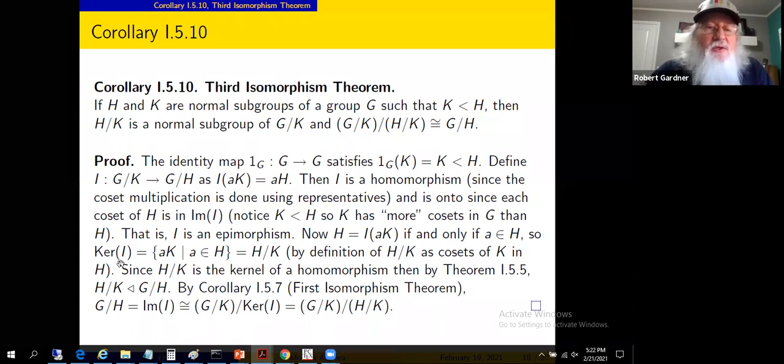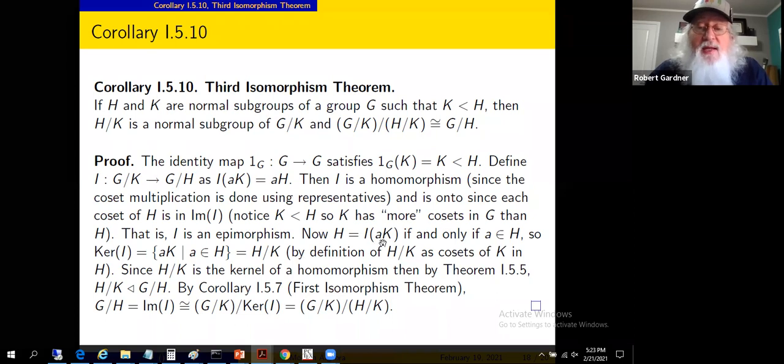So if we want the kernel of I, we can use the first isomorphism theorem. Actually, the second and third isomorphism theorems have both depended on the first isomorphism theorem, which really means a dependence on theorem 1.5.6, I think it was, that we did at the end of the last video. So the kernel of I would be all AK such that A is in H, right?